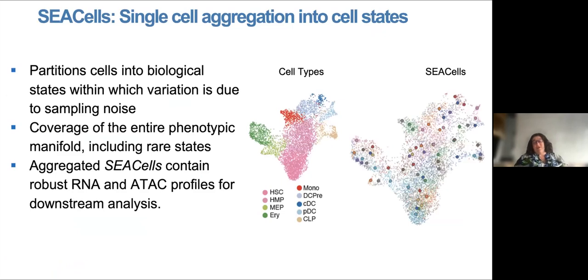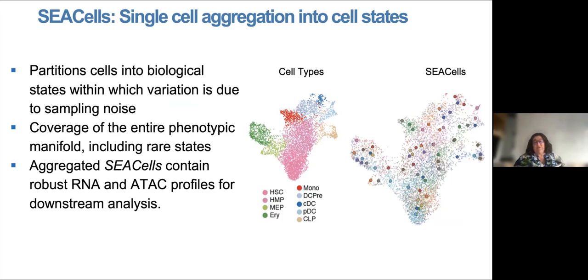So the idea of metacells, and we have our SEACells algorithm for this, is to really capture the most tight states. These are cell states that really represent the same biological state, where we think that the difference between the expression or the open chromatin that we see is driven by sampling and technical reasons and not biological noise.